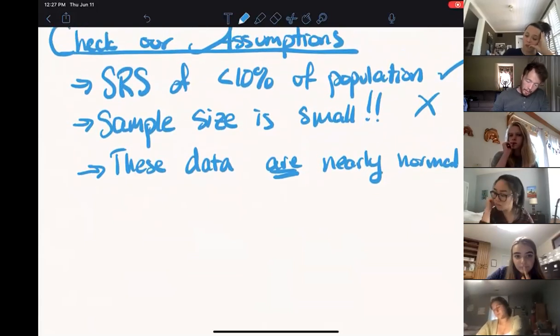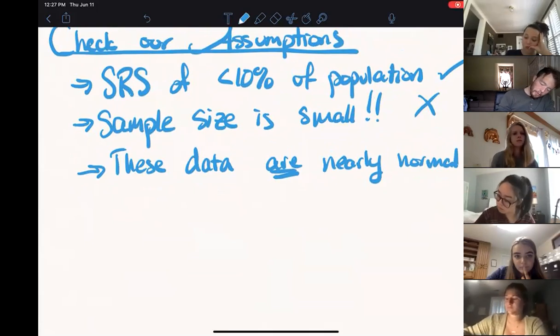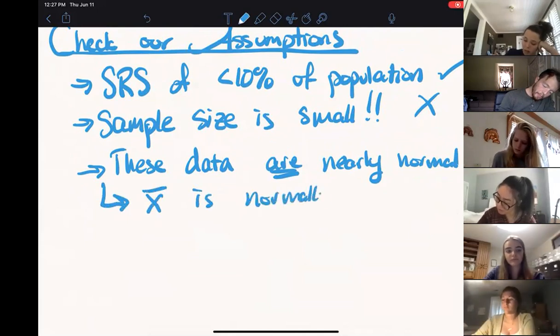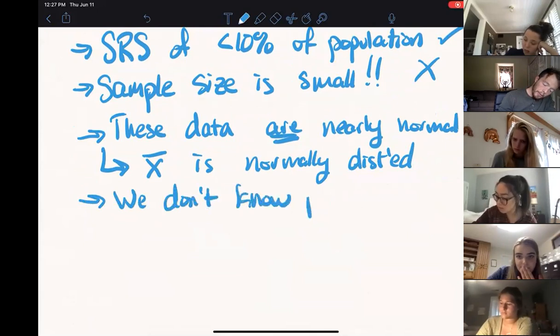But we don't have a large enough sample. Because they're nearly normal, X bar is normally distributed, but we don't know the population standard deviation sigma.